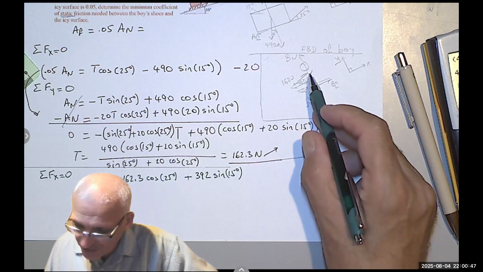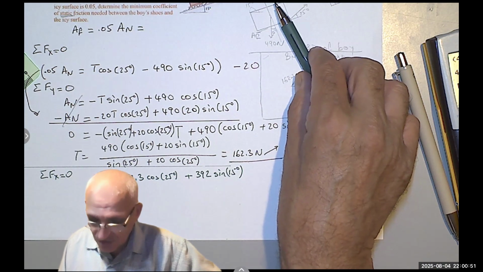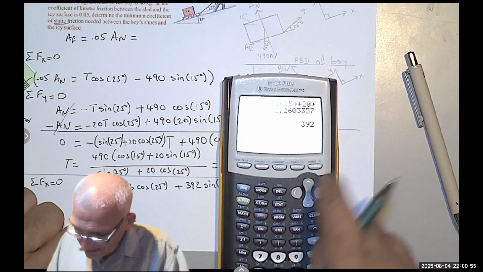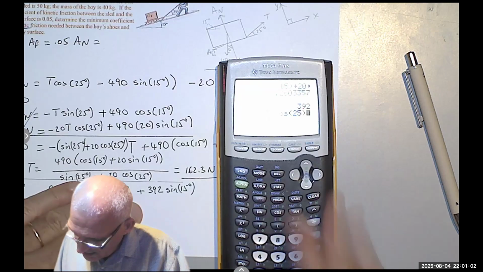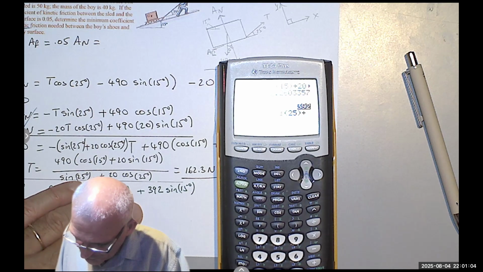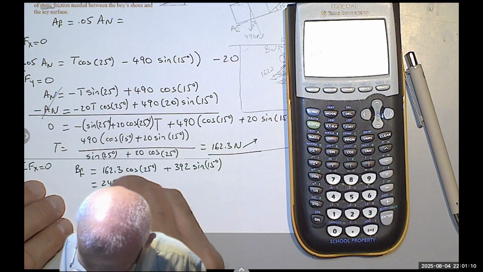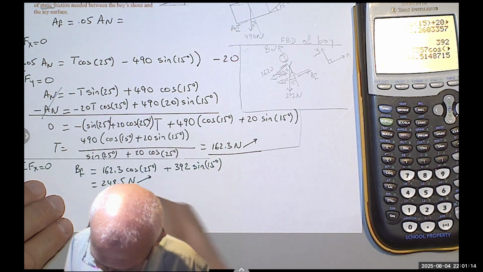Because the third force, Bn, is along the y. It doesn't have an x component. And when you calculate that, cosine 25 plus 392 sine 15 equals 248 and a half. 248.5 Newton is going up the incline like that.